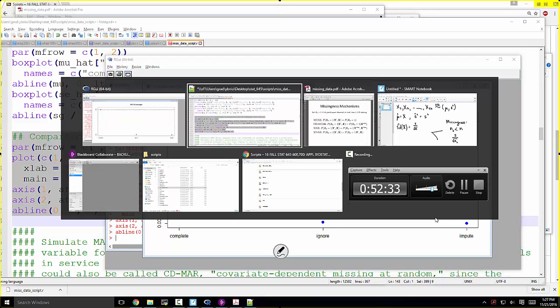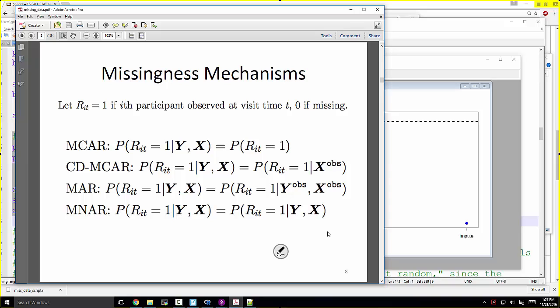And so now let's come back to this slide and think about this for a second. You have a data set with some missing values in it. You know that the mechanism by which the data are missing is important to how you proceed, what kind of inference you can do, how you should compute your estimates and all that. So how would you decide in practice which of these missingness mechanisms apply?